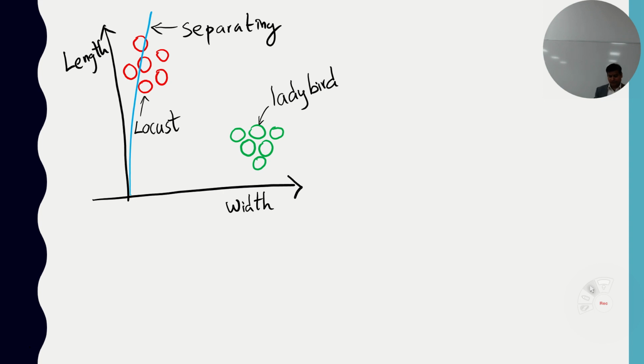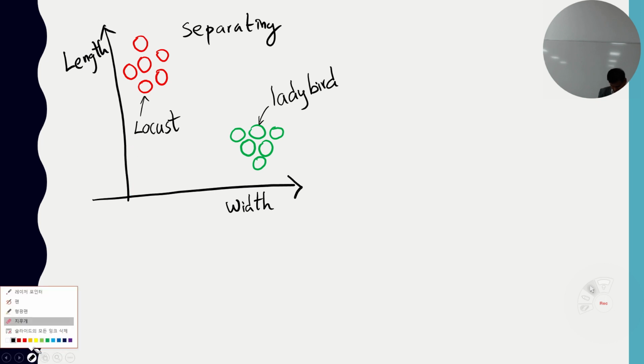No, we can clearly see that it's nowhere separating the two classes, locust and ladybird. In fact, it goes into the locust. Only maybe a couple of locusts have been classified on this side. The others are on the other side with the ladybird. If that is the case, let's remove that one. This is not a good one.